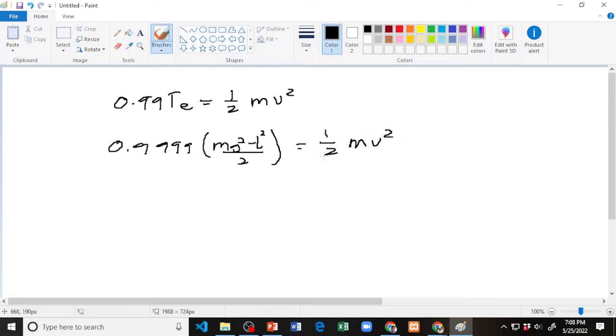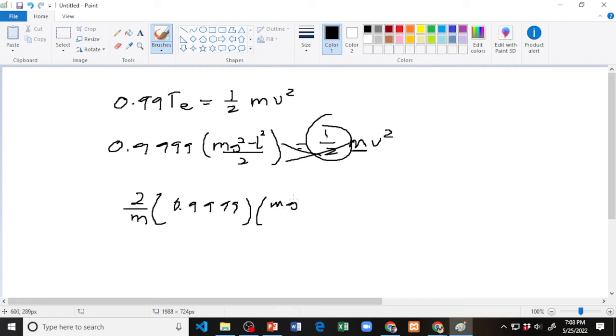So the trick is to cross multiply to remove this and remove this. So we can just write a factor 2 over m times 0.99 times m g squared t squared all over 2.